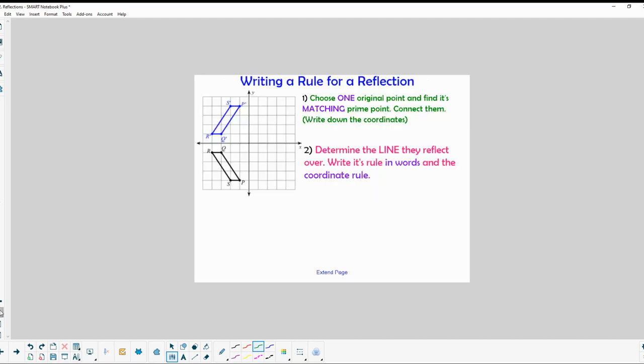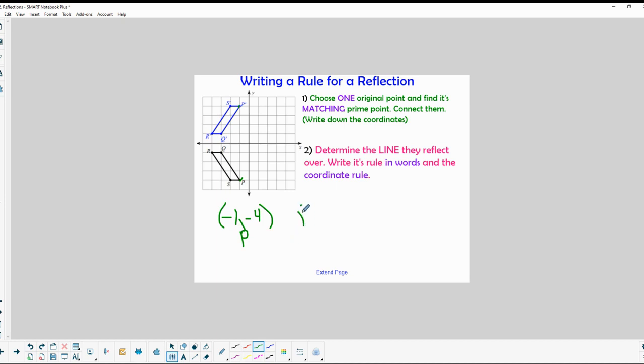Okay, good. All right, on this one, write a rule for the reflection. So choose one original point and find its matching prime point. Connect them, write down the coordinates. Okay, so let's just look at P and P prime. So P is at negative 1, negative 4. That's the location of P. So now what about P prime?